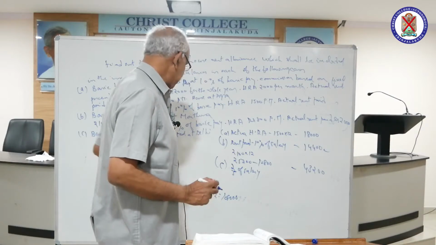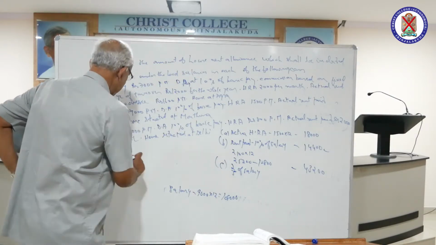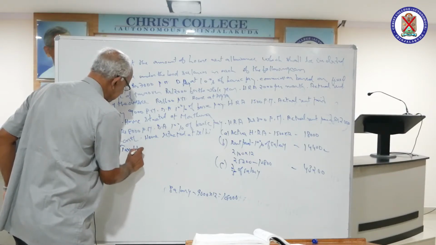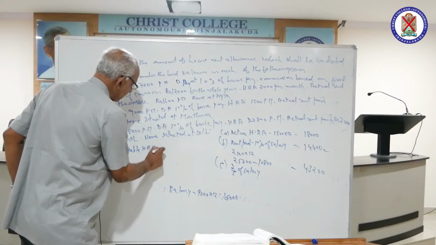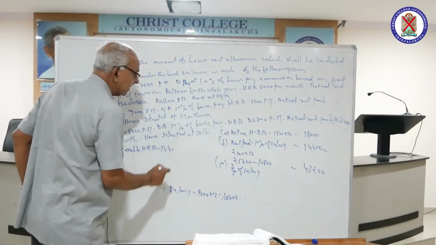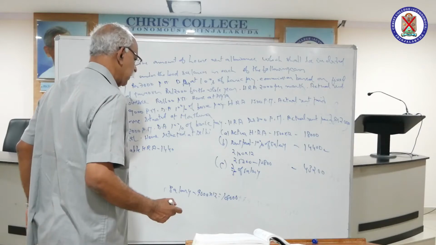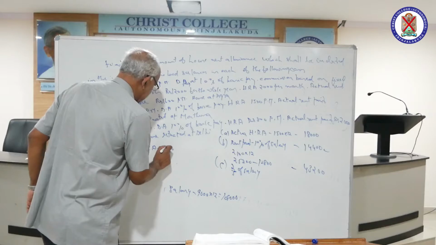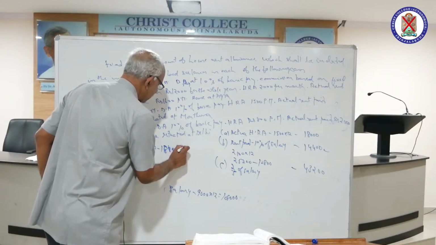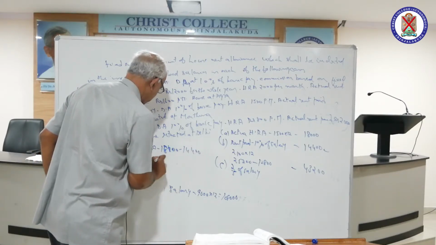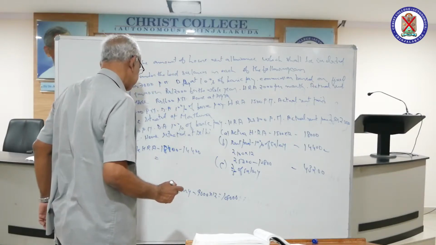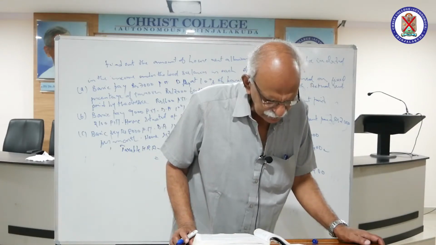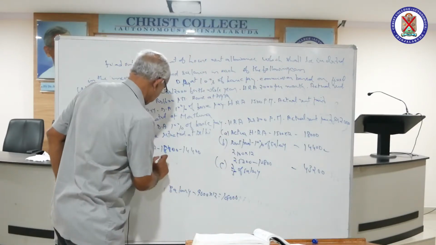So taxable HRA will be 18,000 minus 14,400, which comes to 3,600. The taxable HRA will be 3,600.